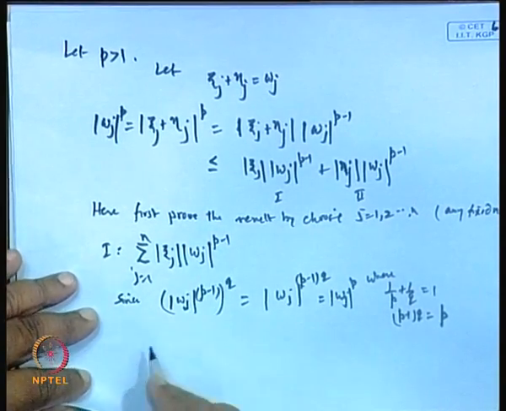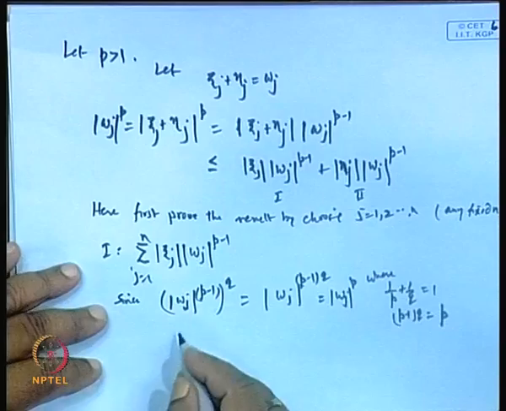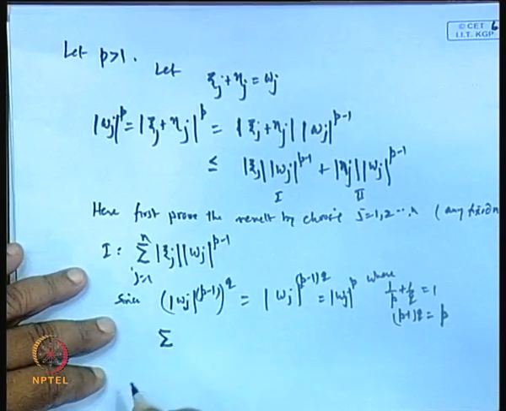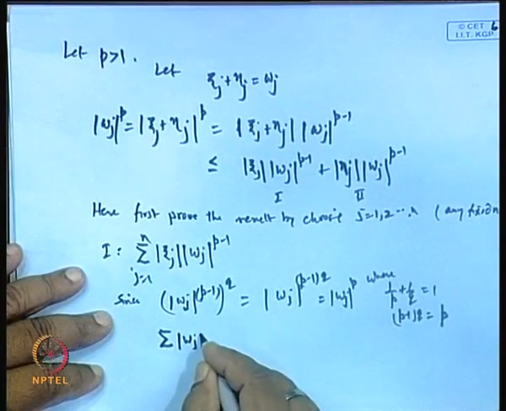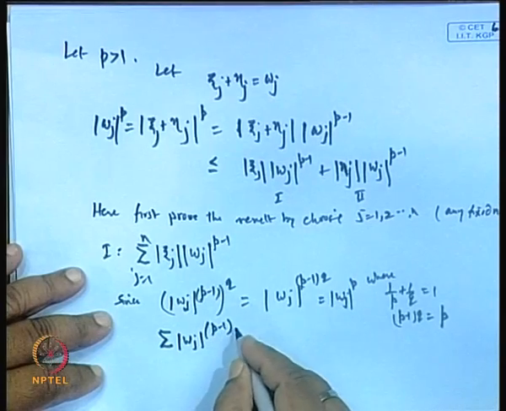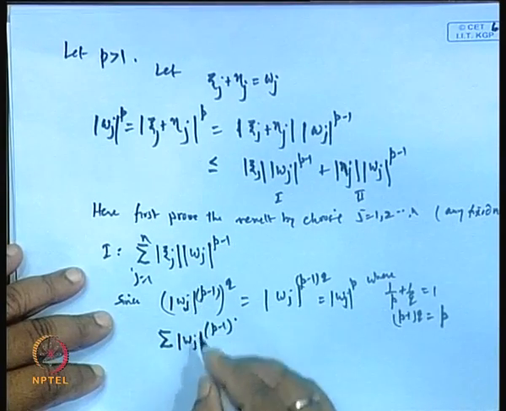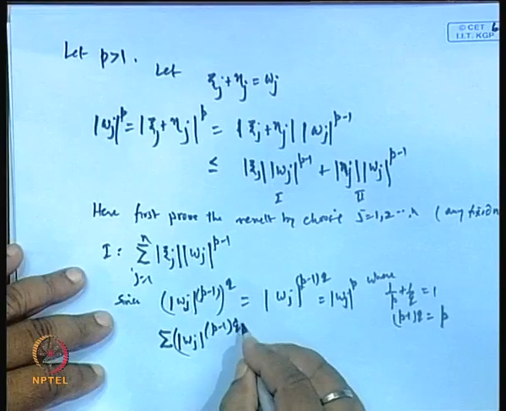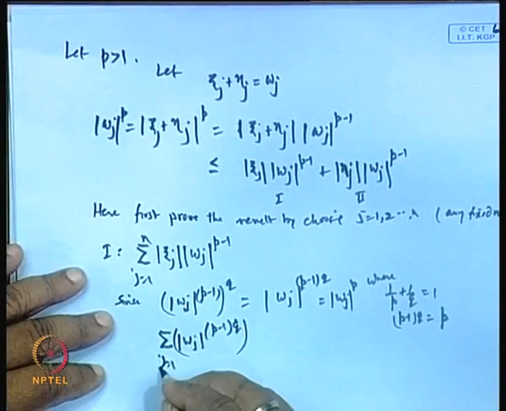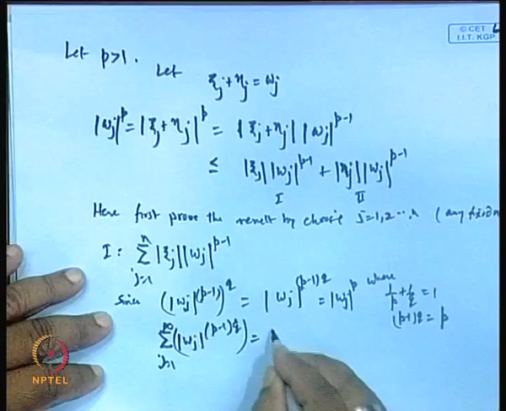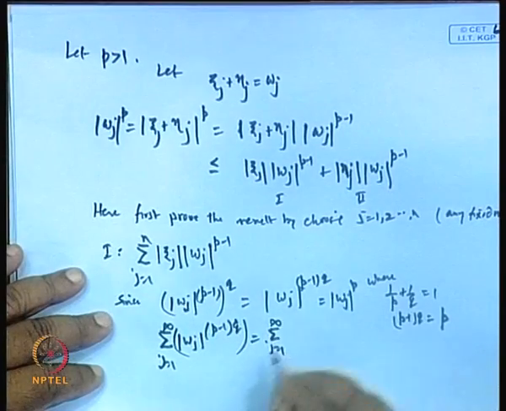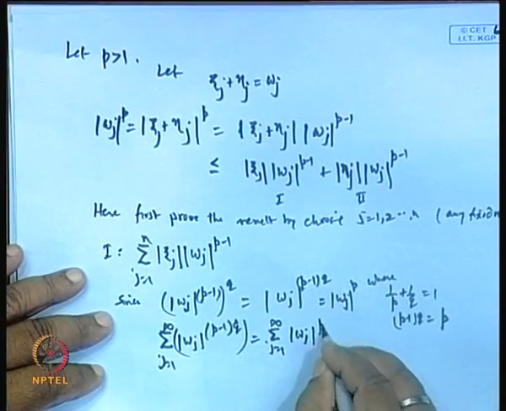Now, sigma of this part, p minus 1 into q, j is 1 to infinity, this is the sigma j equal to 1 to infinity mod w j power p.